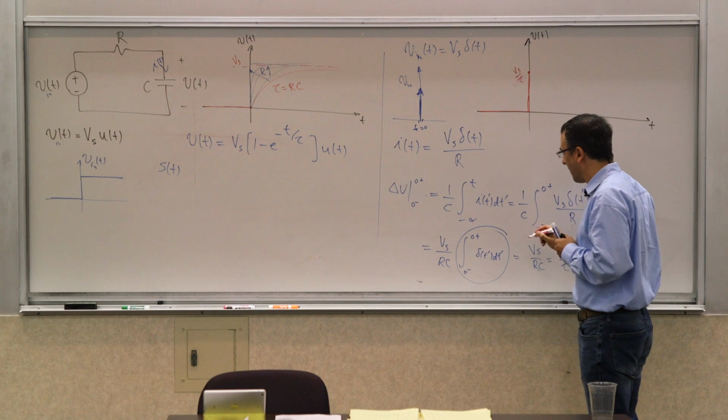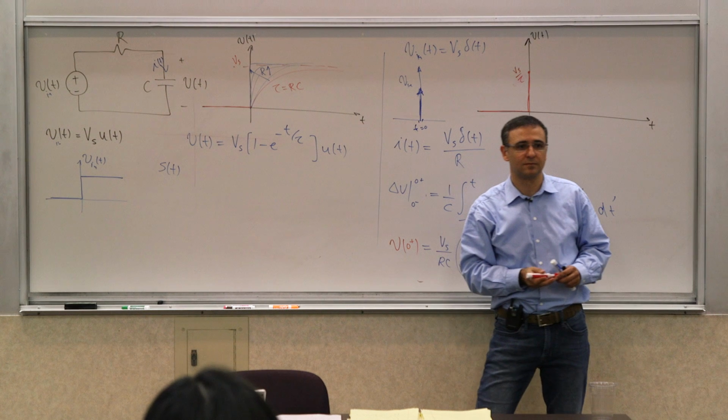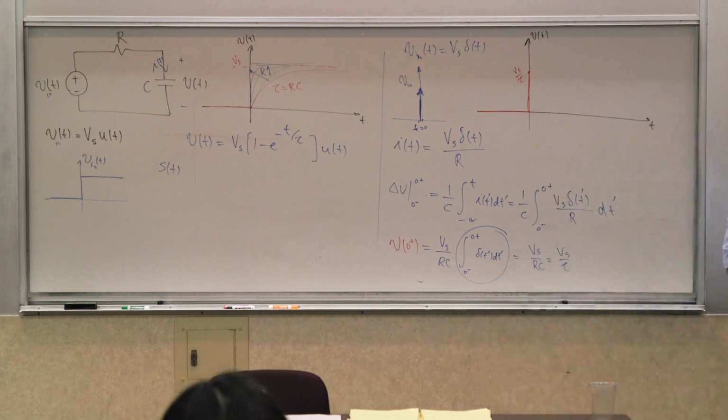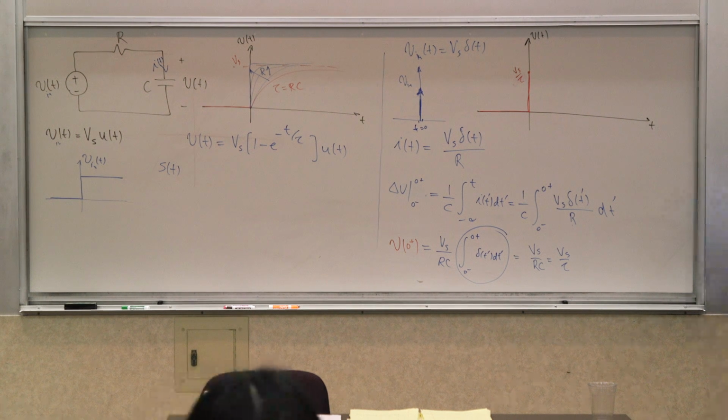And that's my V0 plus. So this is my V0 plus. And you can start to see probably the problem with the unit. We'll get to that. But just bear with the unit for now, and I'll tell you what the problem is.